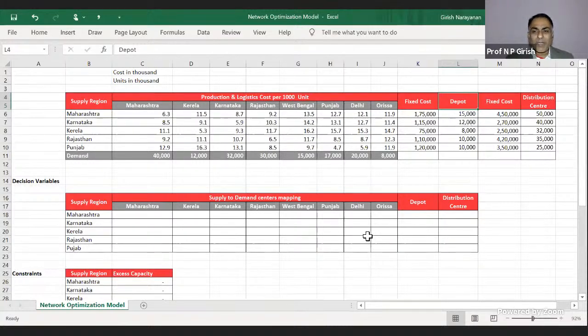Don't worry about it, because depot and DC are only for the purpose of simulation. It can be a plant. Logically, you need to understand which place we are going to: is it manufacturing or distribution? If it is distribution, how big? What is the fixed cost? What is the capacity? That's all. Clear?